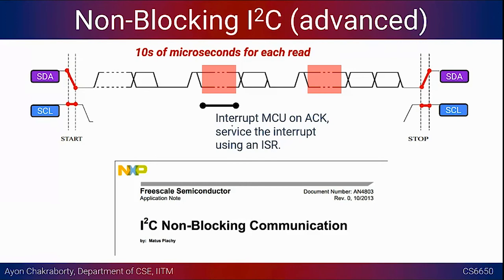Let's say you know this data communication takes this much time at maximum. After that, a timer might expire and raise an interrupt, and you come back to the code and service that interrupt. So those kinds of variations are also possible. There are multiple variations to how it is implemented. This is one example. I'm going to share this with you, and you can take a look, and if you have any questions, we can discuss.